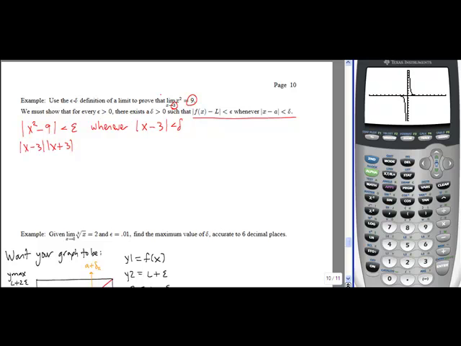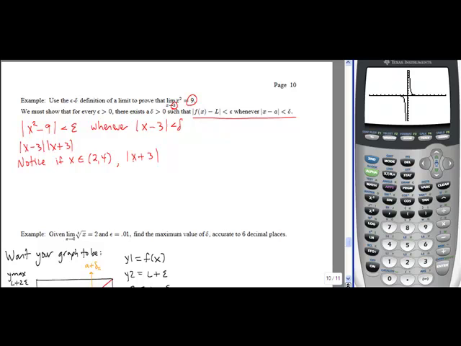So in a very worst case scenario, what you want to notice is that if x is in, this little e right here means an element of the interval 2 to 4. So if x is any number between 2 and 4, what can you tell me about the absolute value of x plus 3? How big could this possibly get?